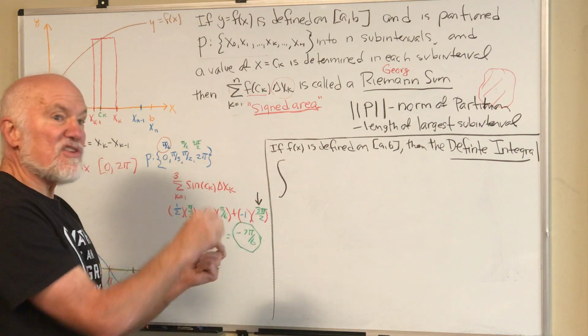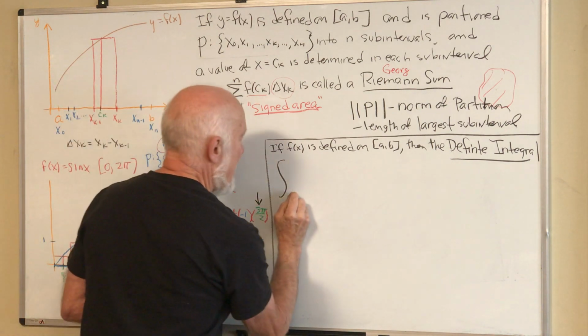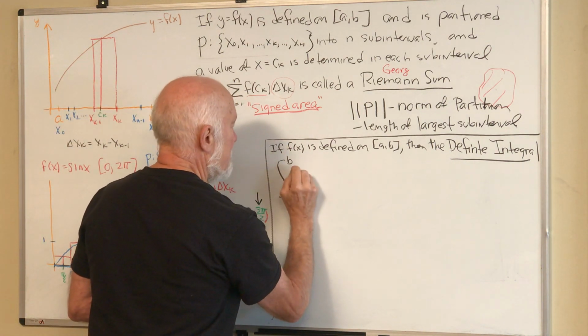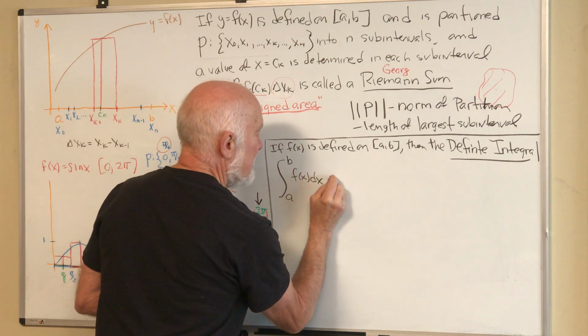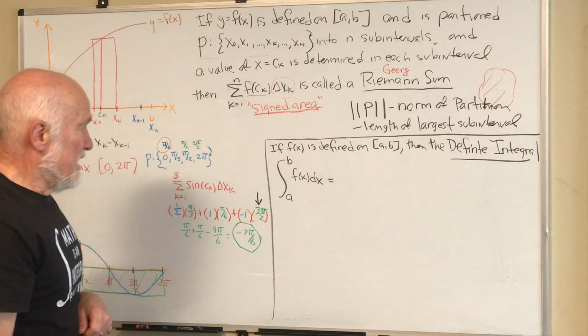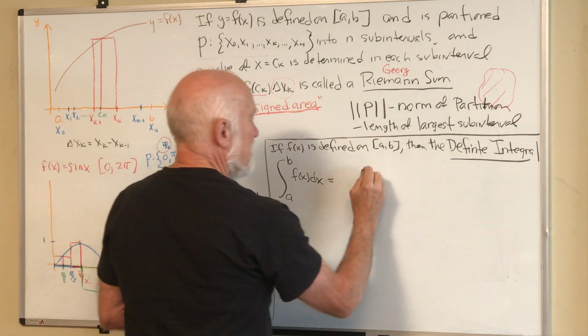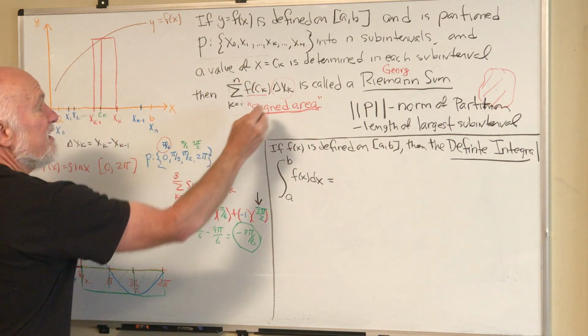It looks like a big S stretched out, from a to b of f of x dx equals, and it's just like this.